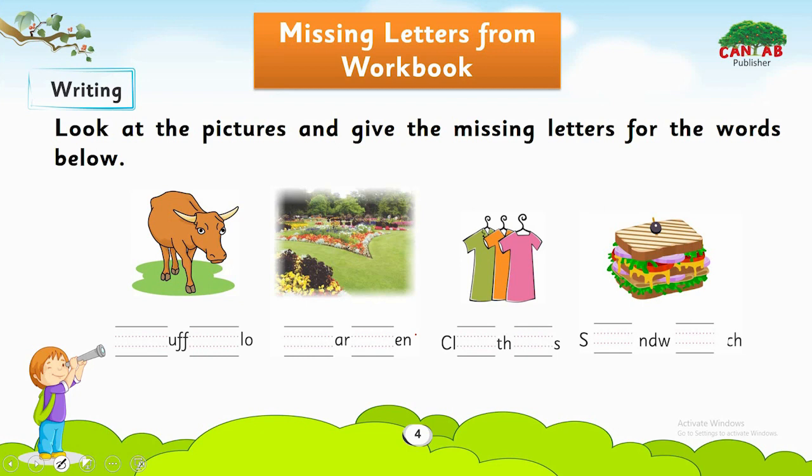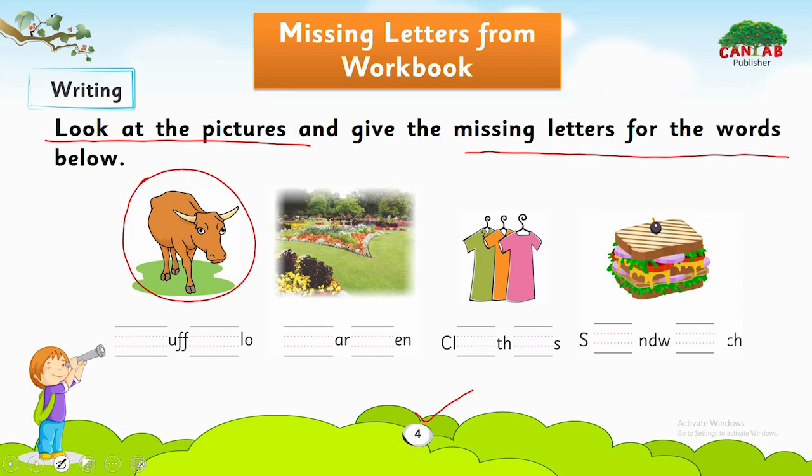So you should open your workbook and the page number is 4. Look at the pictures and give the missing letters of the words. Here you have to use your visuals, your eyesight, to look at the pictures, and you have to fill up the spellings below. What is the first thing that you are viewing here?